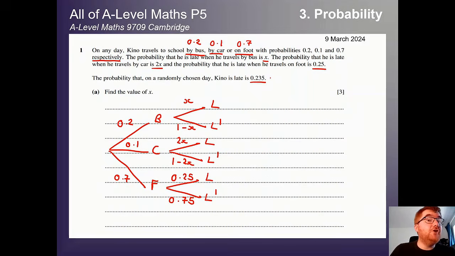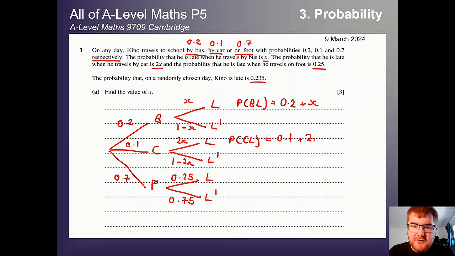So we need to find the combinations that give us that Kino is late. So we have, first of all, the probability of bus and late. So that's 0.2 times x. The probability of car and late is 0.1 times 2x. And the probability of by foot and late is 0.7 times 0.25, which we can just work out directly here.